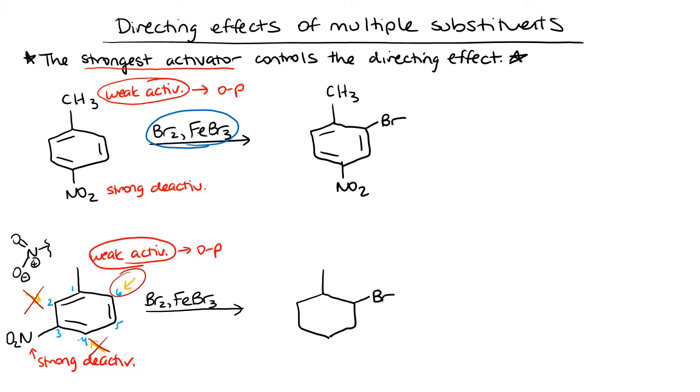So we'll place our bromine here. Our nitro group will be on its own. And we will get our major product. So this product was formed as a result of steric effects, which are something you want to consider when you're determining major products with multi-substituted benzene rings.